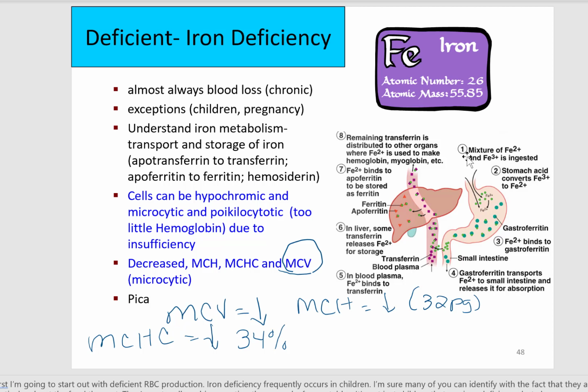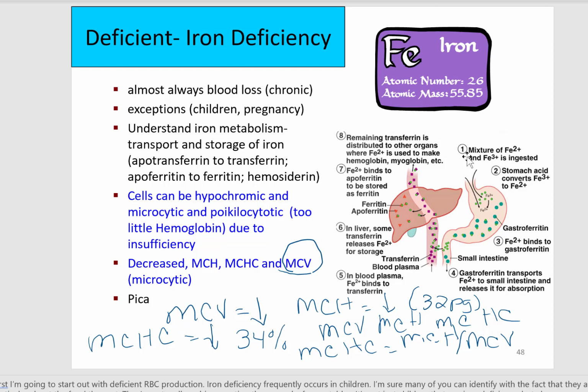When we talk about MCV and MCH and MCHC together, we're really talking about a mass to volume ratio. MCHC is a division, a math problem, where we divide MCH by MCV.